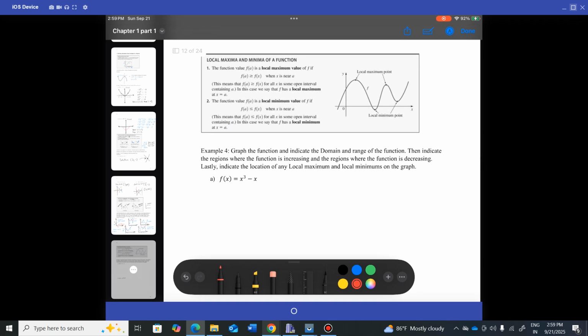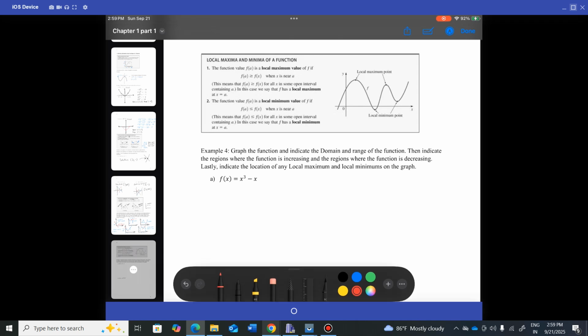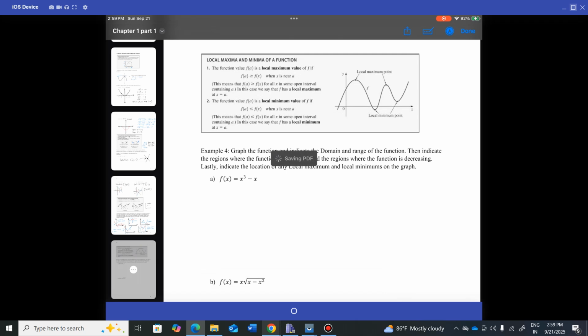And so we call those local maximums and local minimums. A local maximum appears when it goes from increasing to decreasing. And so in that region, that area, it is where the function is highest, right? Maybe not the highest overall, but highest within that region. And that's a maximum. A local minimum is when in that region the function is a minimum, even if it's not a minimum overall.